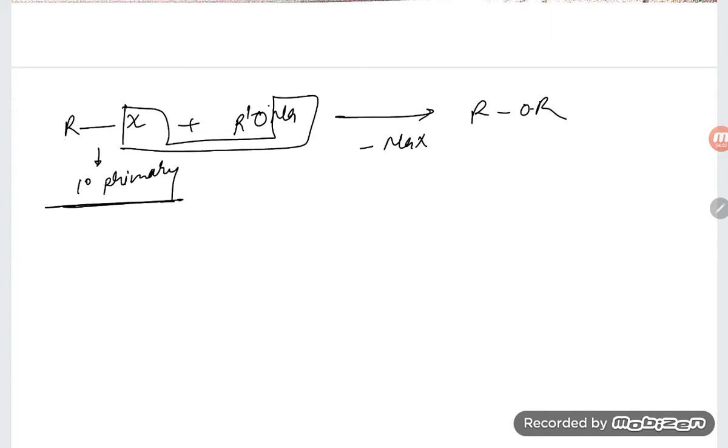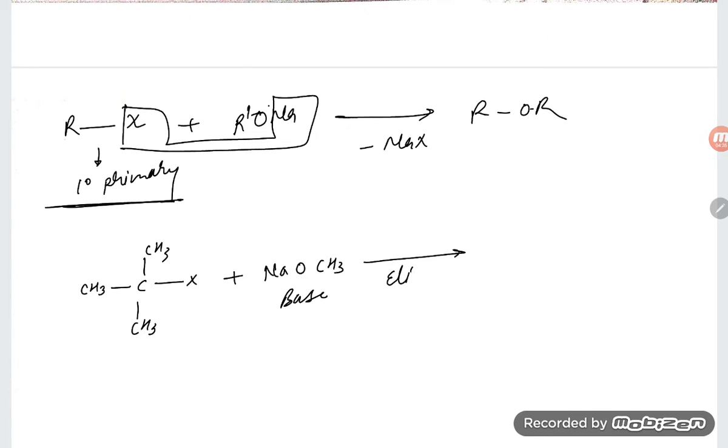If it is secondary or tertiary, suppose you take (CH3)3C with X, and here you take CH3ONa, sodium methoxide. This is a strong base, so it will be elimination, dear student.